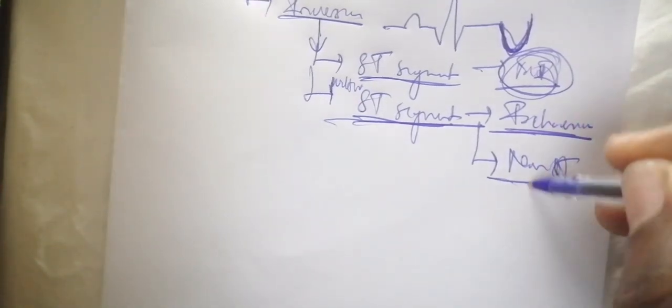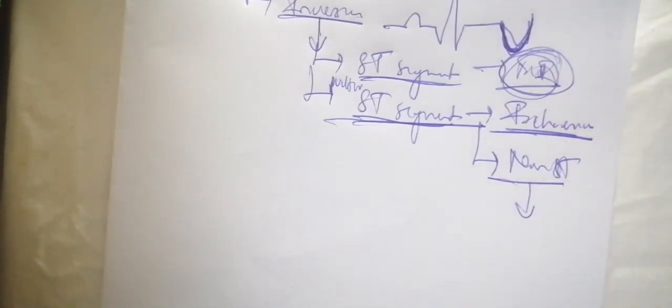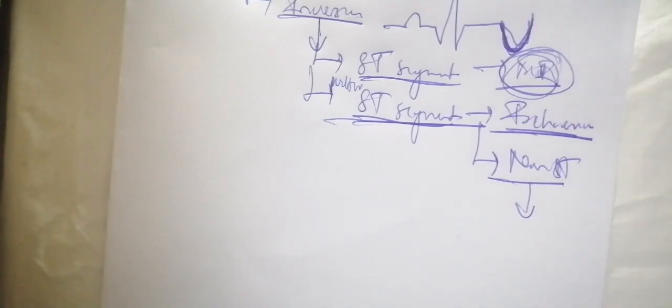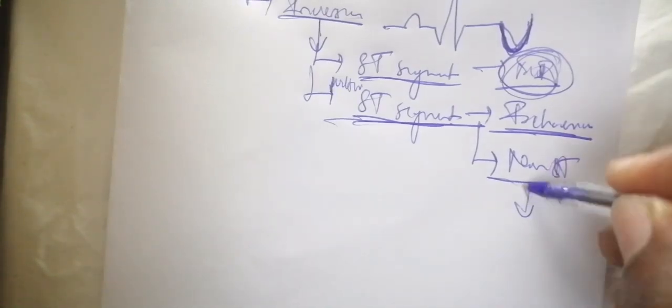This non-STEMI is less severe than the STEMI, where in non-STEMI only part of the myocardium is affected. Either the endocardium is ischemic, or the myocardium is ischemic, or the pericardium is ischemic, and not all. Is it clear? So that is for the non-STEMI.